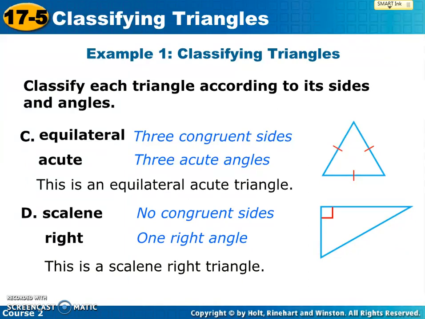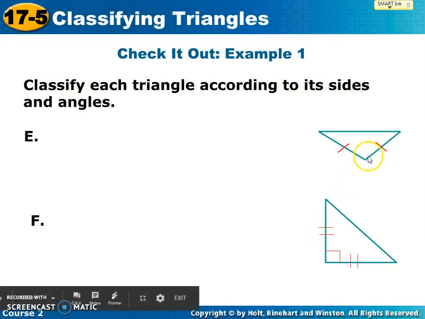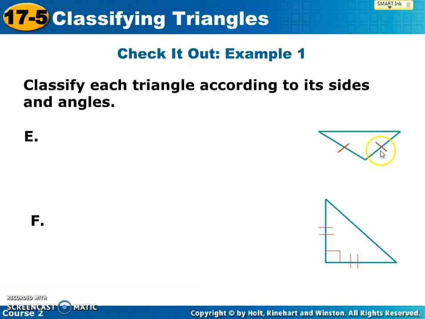The next examples you don't need to write down. We're just going to run through them, and you can work through these in your head. In letter E, we have two tick marks. That tells me that two sides are congruent. You should automatically be thinking to yourself, oh, okay, that's this type of triangle. And it looks like it's a little bit bigger than 90 degrees right here.